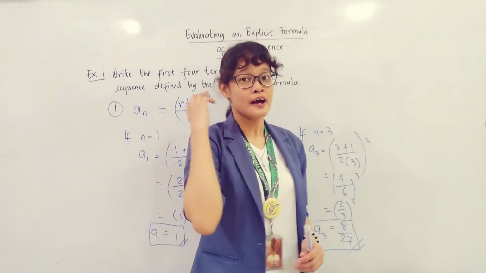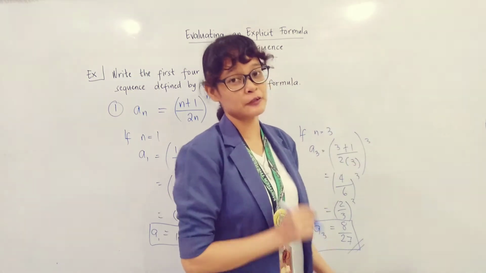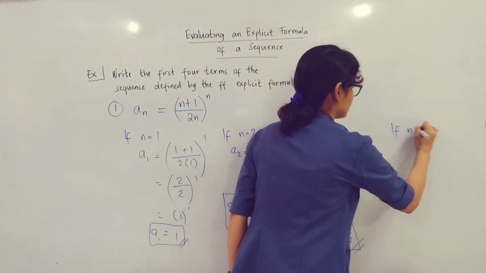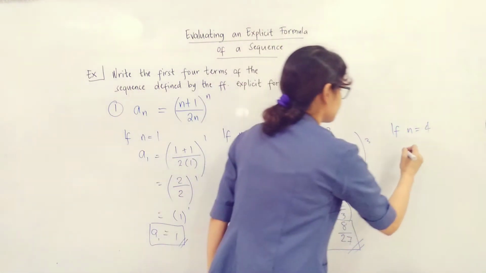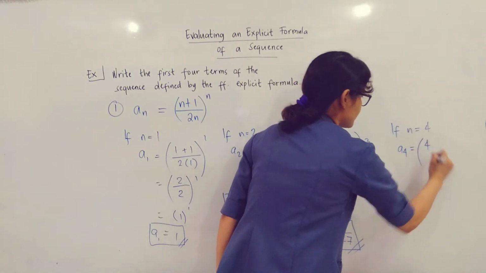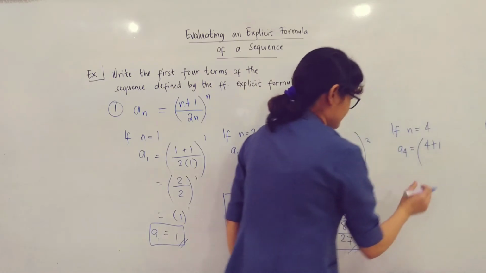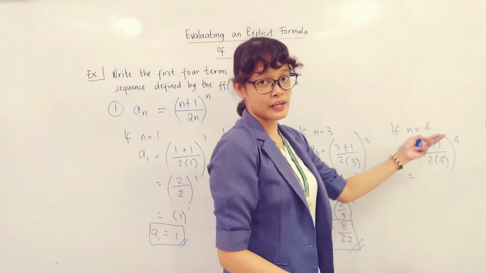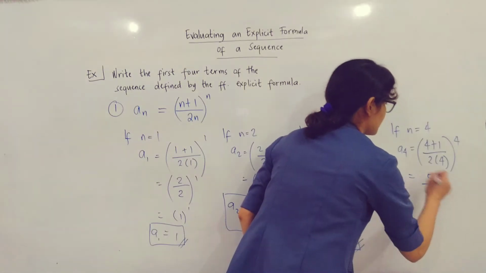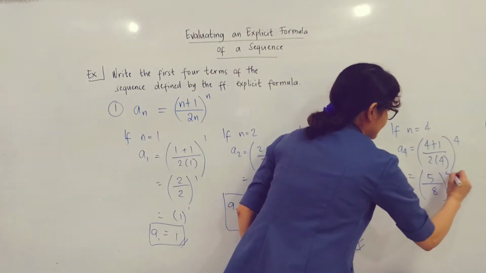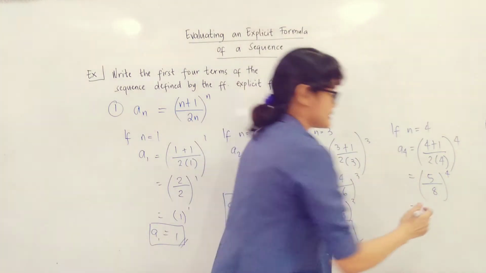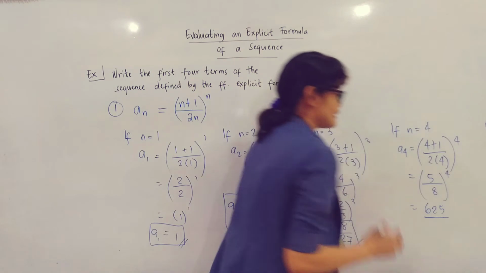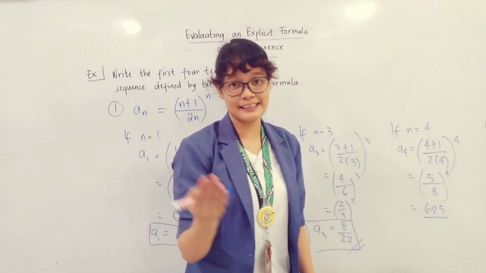Next, so for our fourth term, of course n is equal to 4. So if n is equal to 4, substitute, so you'll have a sub 4 is equal to 4 plus 1 over 2 times 4 raised to 4. So at first, you'll have 4 plus 1, this is 5 over 2 times 4, so you have 8 raised to 4. So 5 raised to 4 is 625, and 8 raised to 4 is 4096.